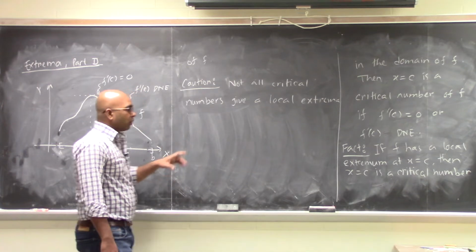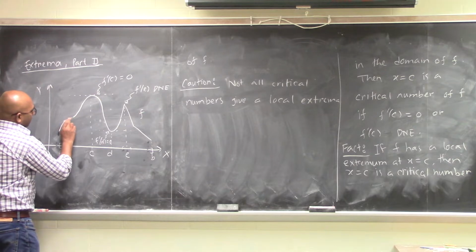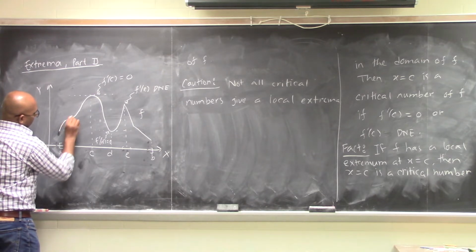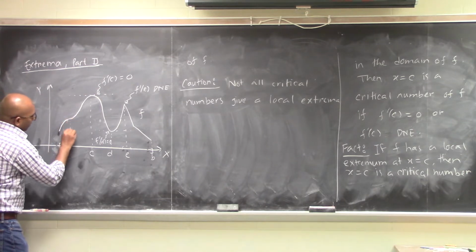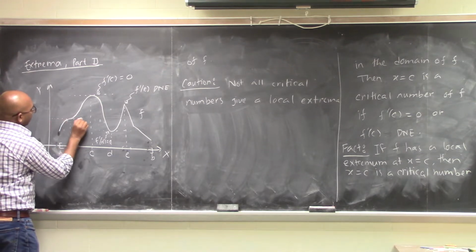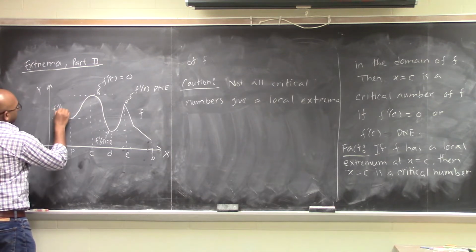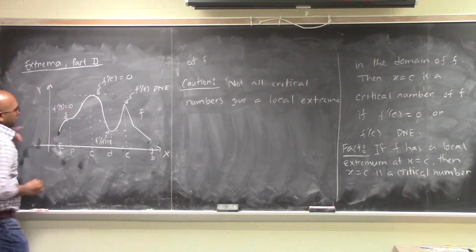Okay, and the reason why I kept this graph for a while, notice this part of the graph, kind of like this. Let's call this point P, and at P, if you draw a tangent, that also becomes horizontal, right? So here f prime of P also equals 0.